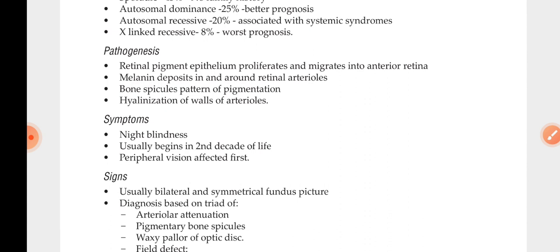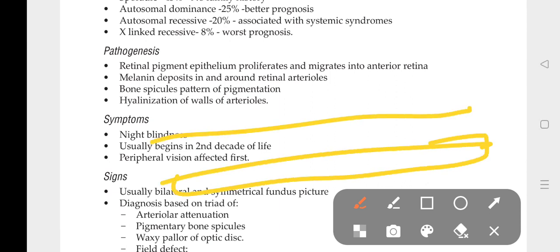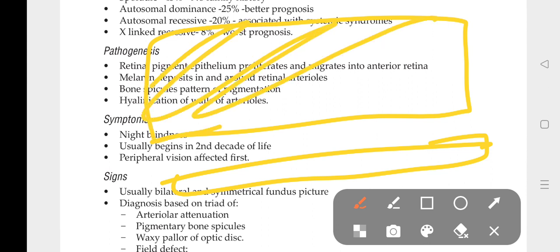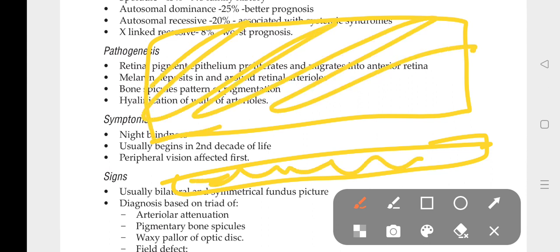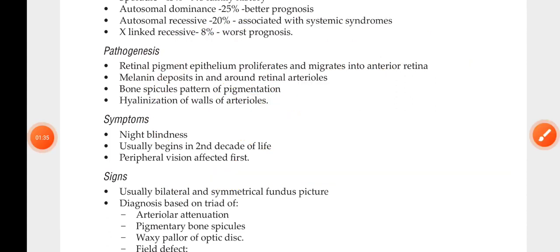The retinal pigment epithelium lies below, and above it is the neurosensory layer. It will proliferate into the neurosensory layer. There are melanin deposits in and around the retinal arterioles, a bone spicule pattern of pigmentation, and hyalinization of the walls of arteries.